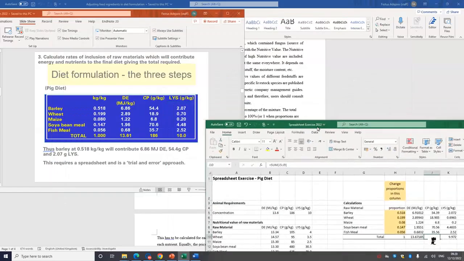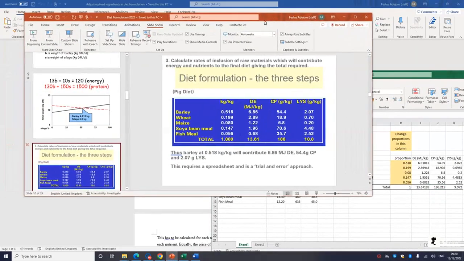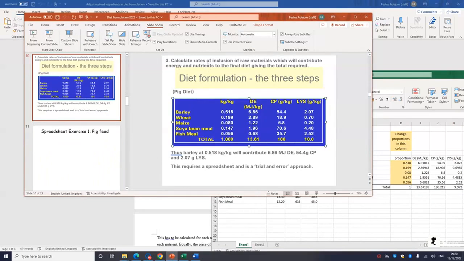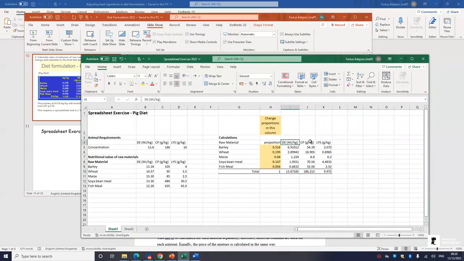So what you see is basically we have replicated steps 1, 2, 3. We calculate the rate of inclusion of the raw materials, what they will contribute in terms of energy and nutrient to the final diet to get the required total. So as we look in terms of energy, we can look in terms of protein and in terms of lysine.